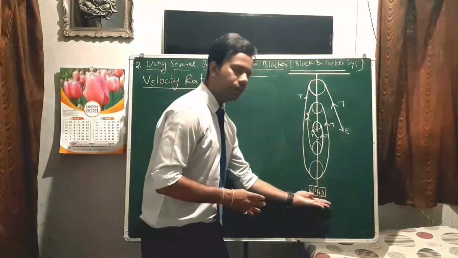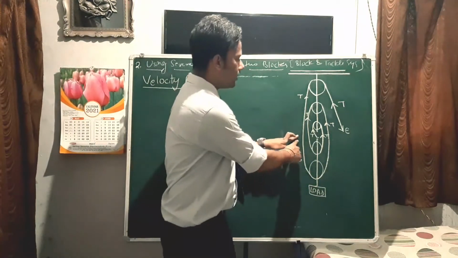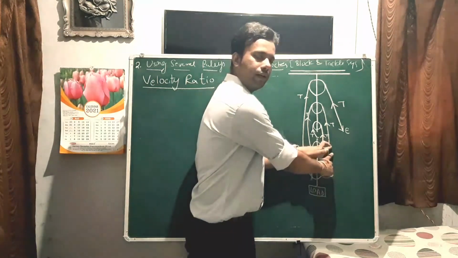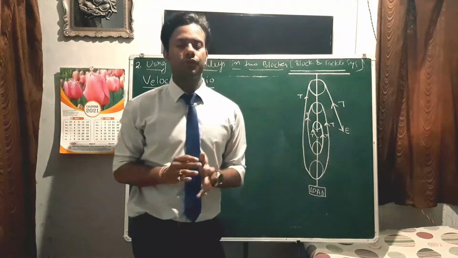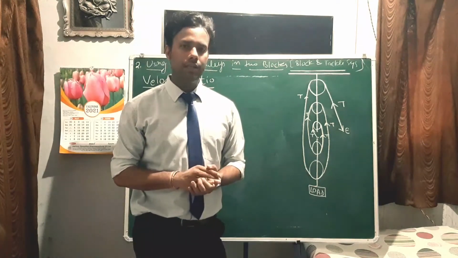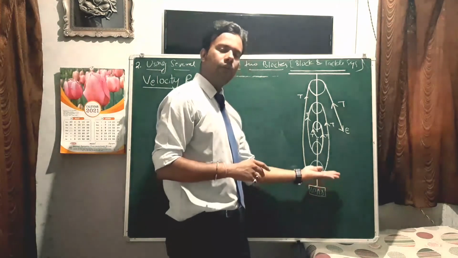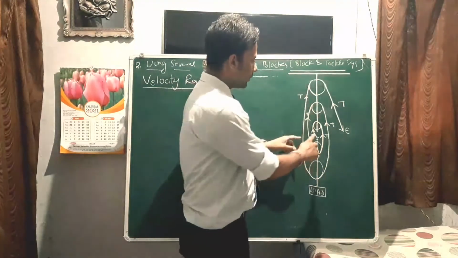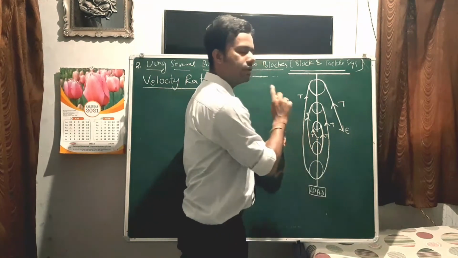That means if the load is moving upward with distance d, then this string will loosen by the distance d. This string will also loosen by distance d. That means all the strings will loosen by the distance d. Again, see here, the load is shifted up over distance d. Now the effect will come on each string: d, d, d, d, and d.